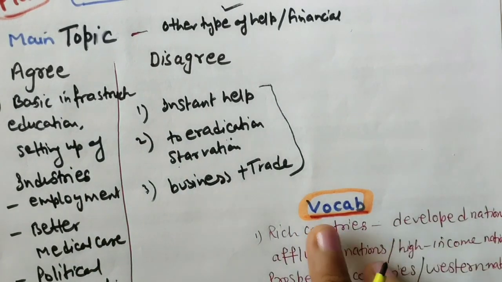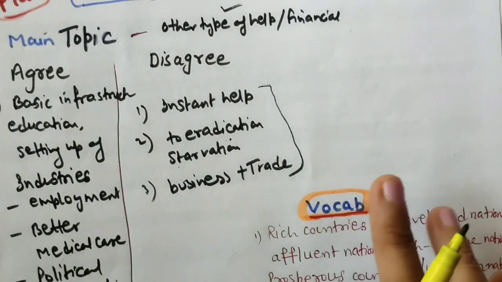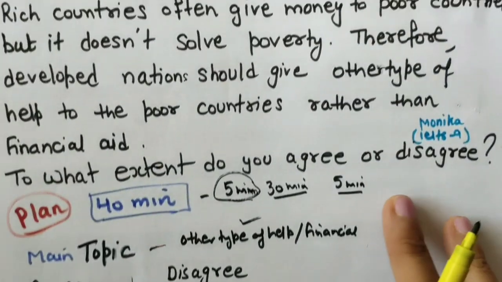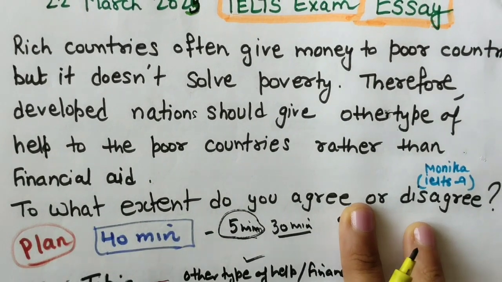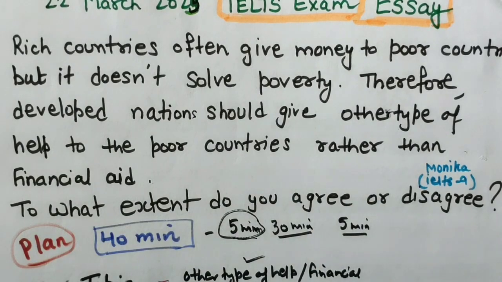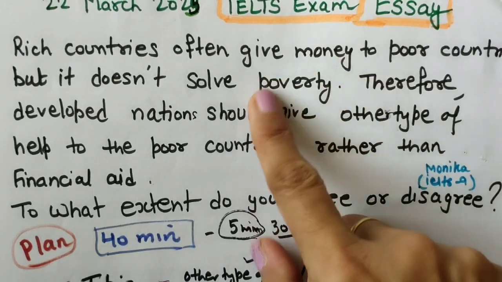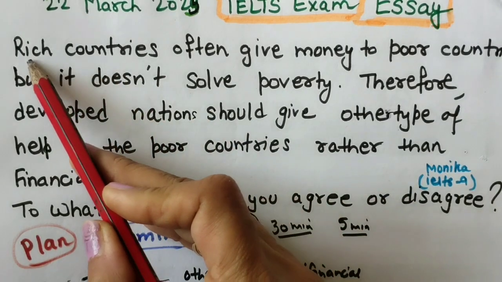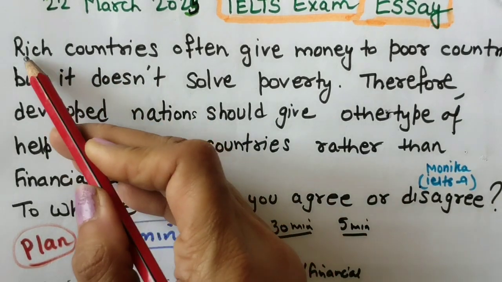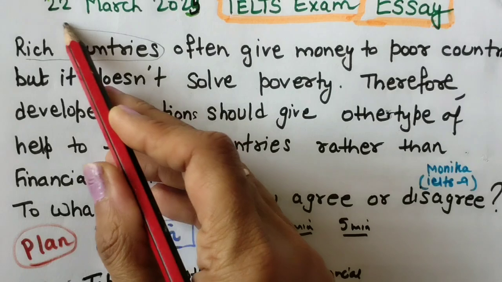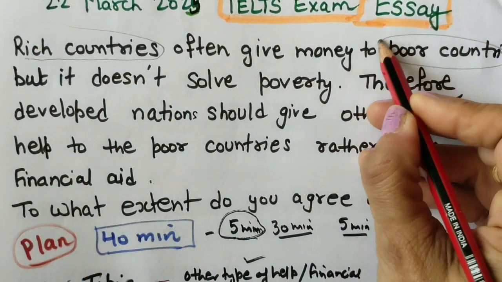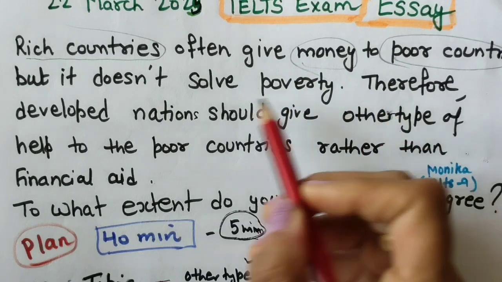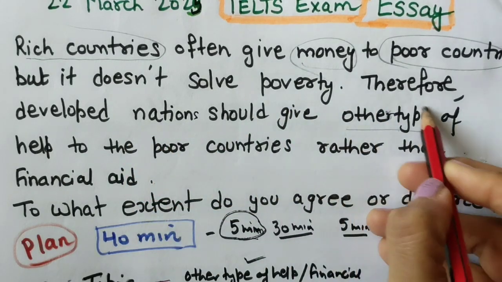So what I was telling you about vocabulary, how you can develop your vocabulary for the essay. This is the essay. First I am telling you, the main vocabulary will be from the question statement. In the essay we will be writing rich countries again and again, poor countries again and again, money again and again, and other type of help.